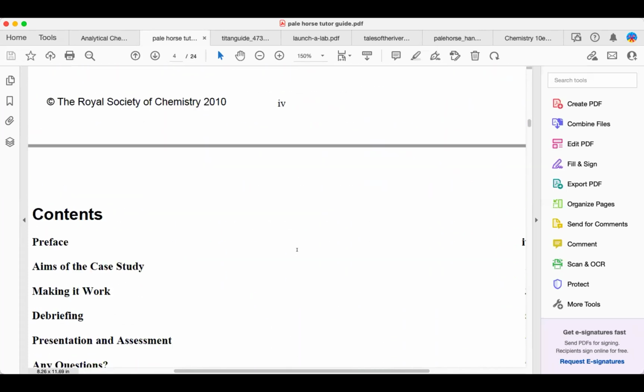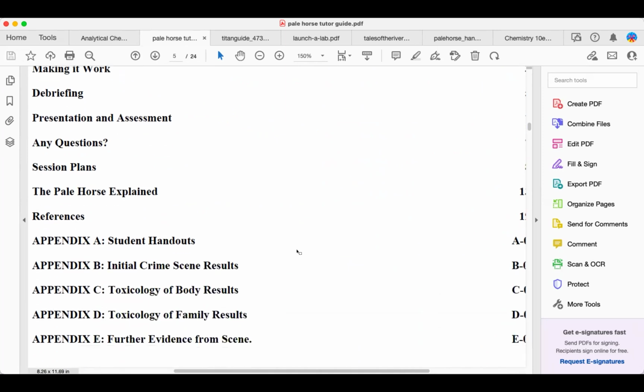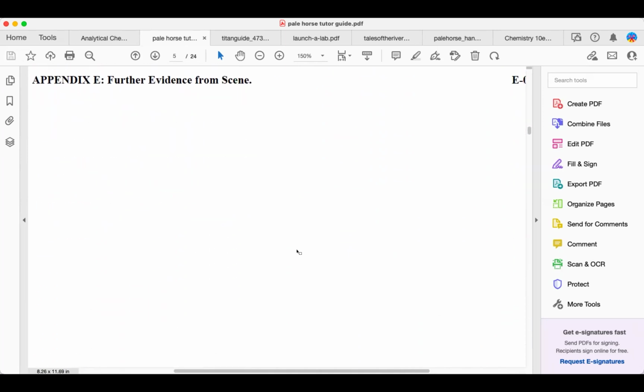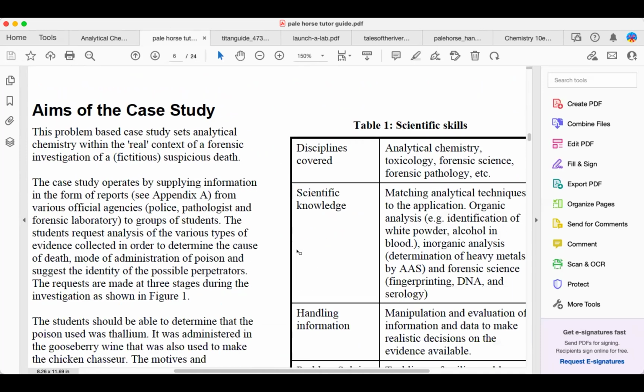Let's continue. So what's the aim of the case study? This problem-based study sets analytical chemistry within the real context of a forensic investigation. It depends on which problem, which title your group will get, but the style is similar.